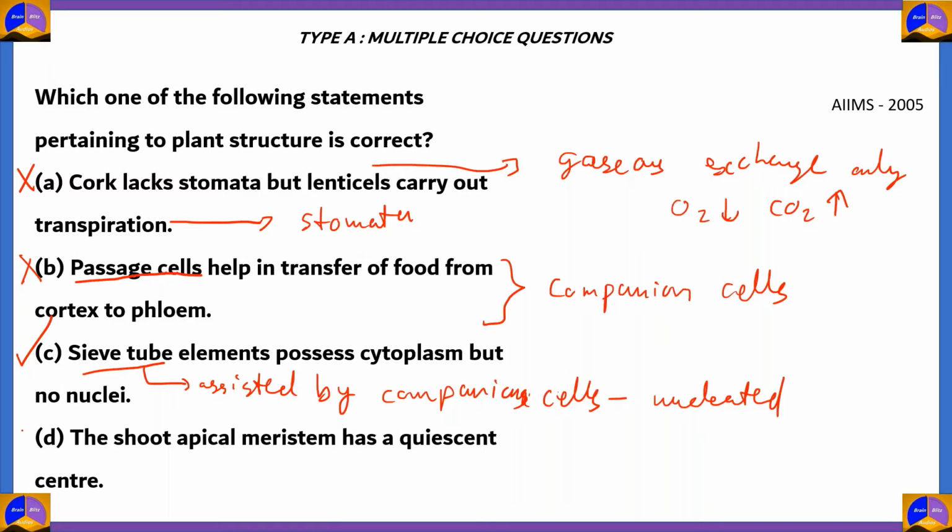So option D is also incorrect. Option D says the shoot apical meristem has a quiescent center, but if you look at our first question, you'll find out that the meristem which has a quiescent center is root apical meristem. Therefore, we found out that option C is the right answer.